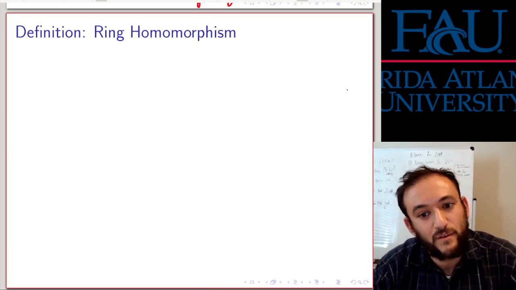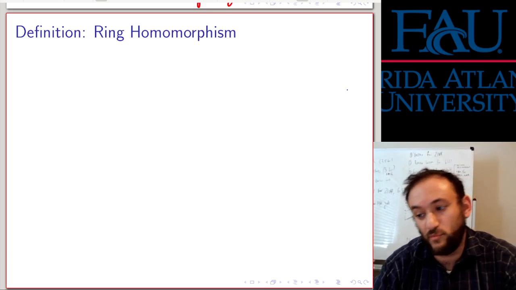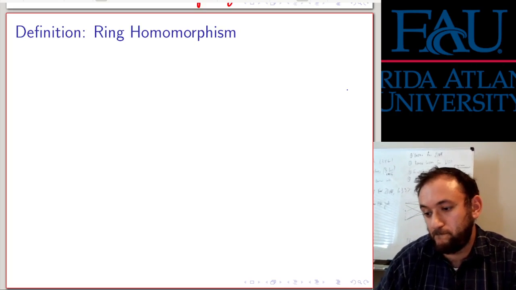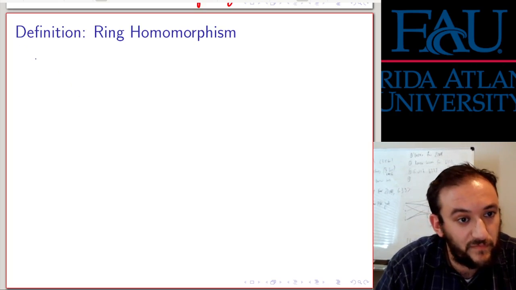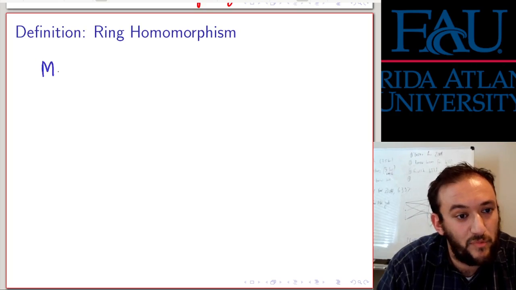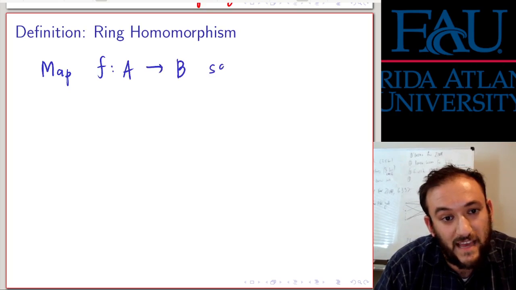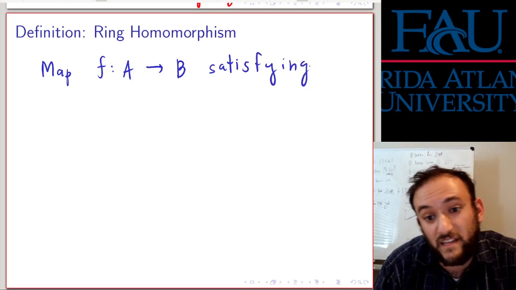Okay, so now we've gotten to see some rings, and now we can talk about what a ring homomorphism is. A ring homomorphism is a map f from a ring A to a ring B, basically respecting the structure of the ring.